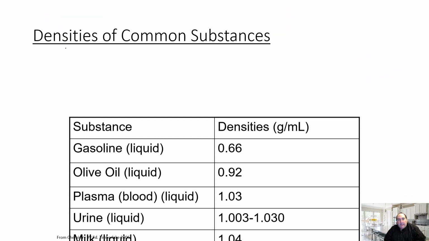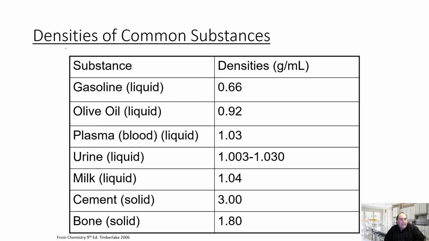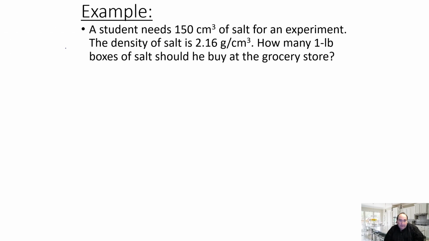Let's take a look at some more common densities here. So obviously cement is more dense than water, so it would sink. The gas is less dense than water, so it actually floats on top of it. Let's take a look at one more example here.